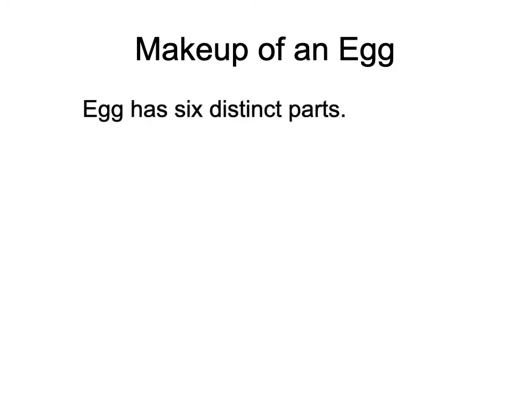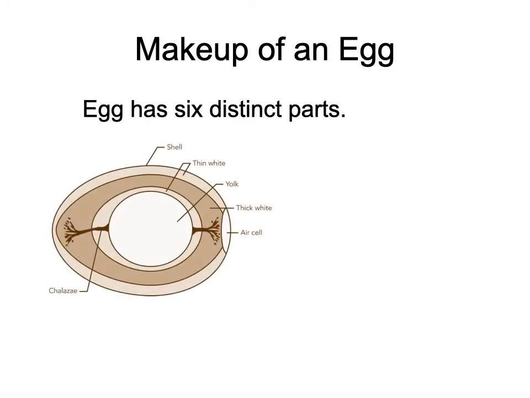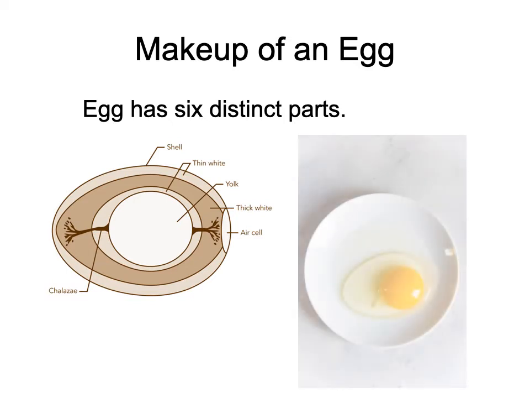So let's look at the makeup of an egg. An egg has 6 distinct parts. There's the shell, the chalaza, the thin egg white, the yolk, the thick egg white, and there's finally an air cell. And the air cell is in the egg primarily to allow for expansion and contraction with changes in temperature.